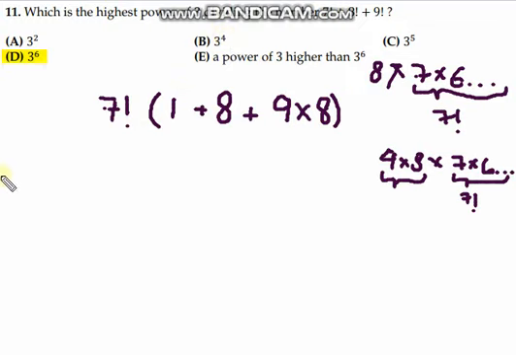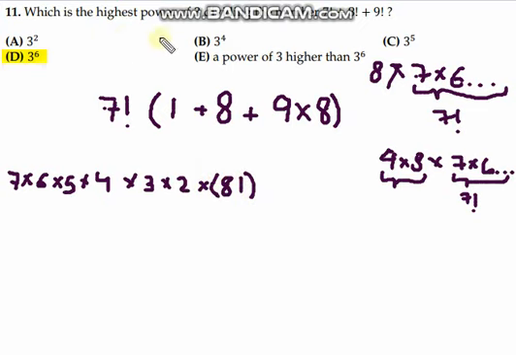So 7 factorial is actually 7 into 6 into 5 into 4 into 3 into 2 multiplied by, now 9 8 is 72, 72 plus 9 gives us 81, right?